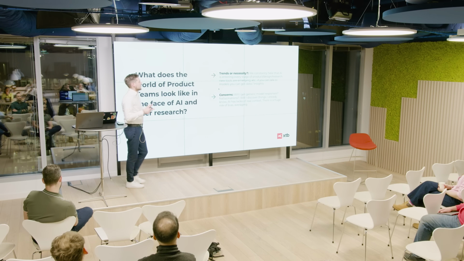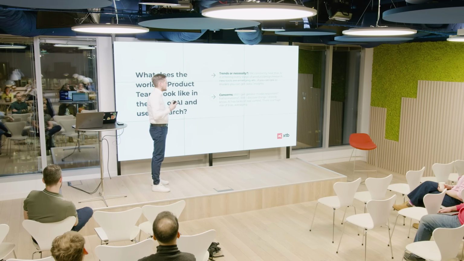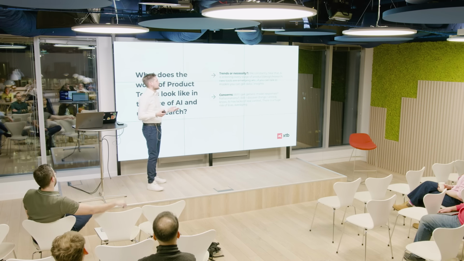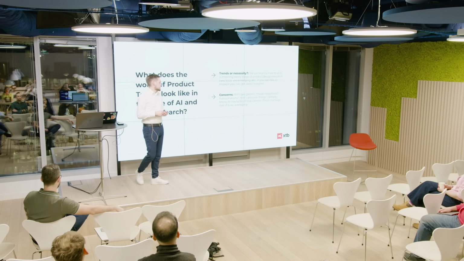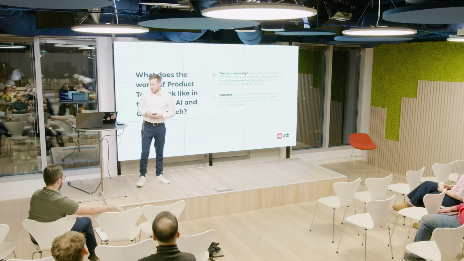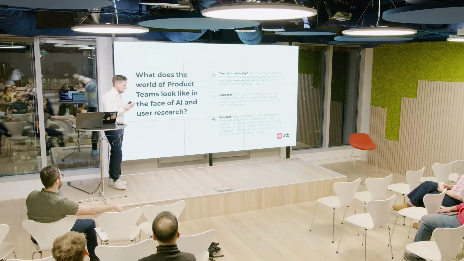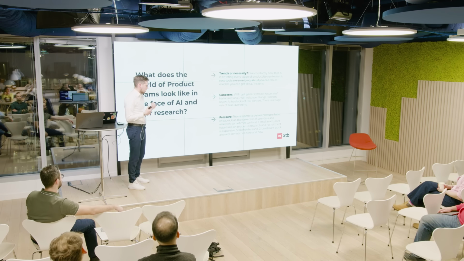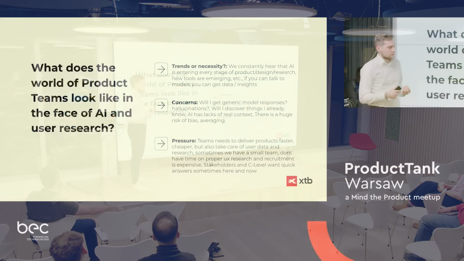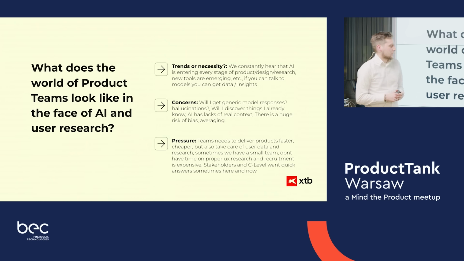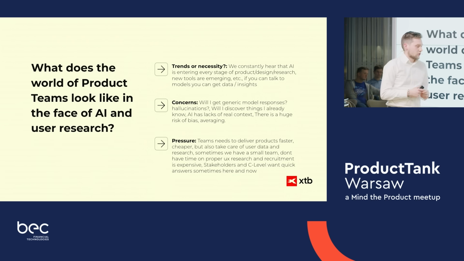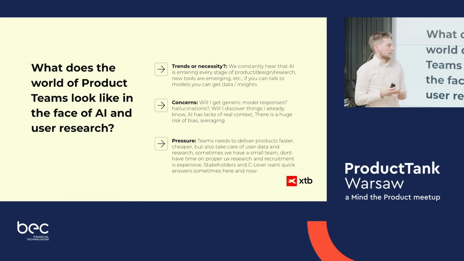Will I get generic model responses, or maybe some hallucinations, or maybe will I discover things I already know? Because AI lacks real context, obviously, and there is a huge risk of bias and averaging. What's more, that brings pressure to the product teams, to the UX design teams, because we need to deliver products faster, cheaper.